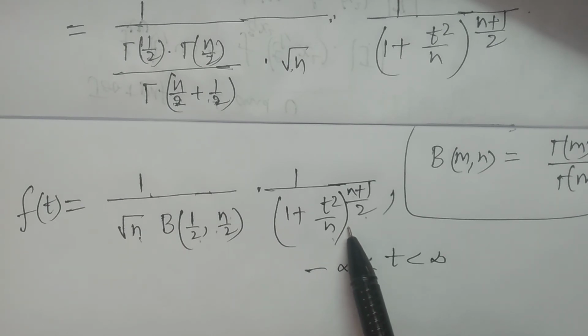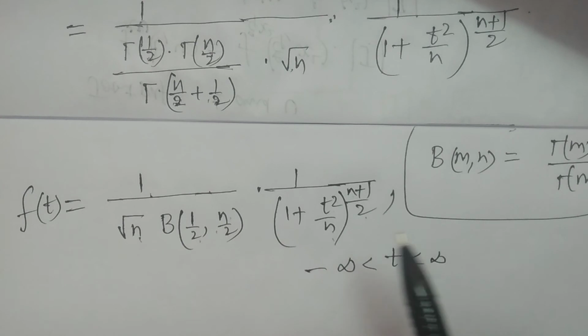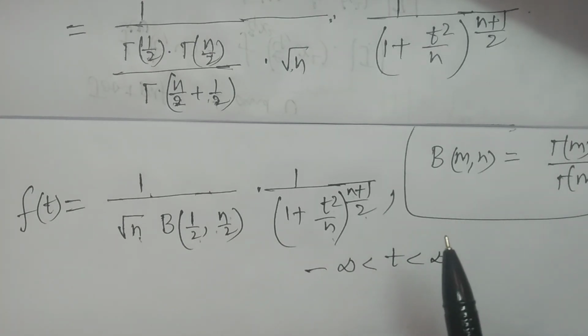In the place of n, if you consider n minus 1 degrees of freedom, then it is only the formula for n minus 1 degrees of freedom, whereas Fisher's t distribution is a generalized distribution that holds for all values of n. That is 1 by root n beta (1/2, n/2) and 1 by (1 + t²/n) whole power (n+1)/2. This is the probability density function of Fisher's t distribution.